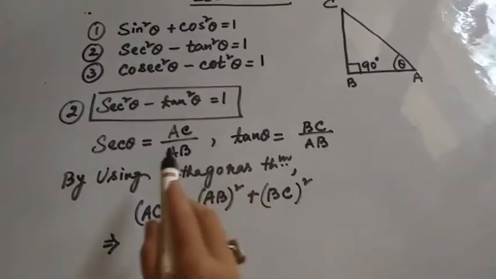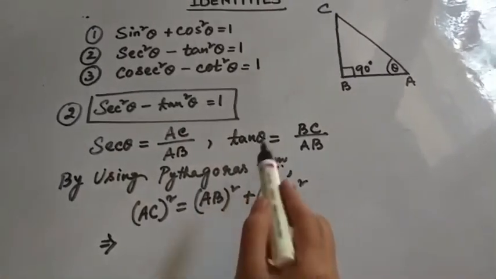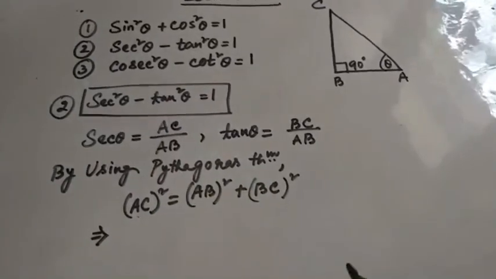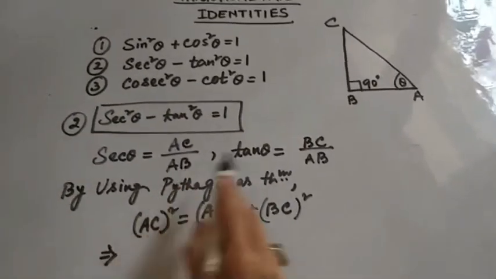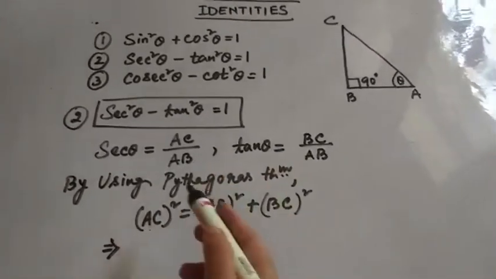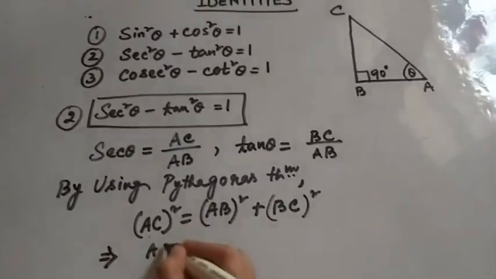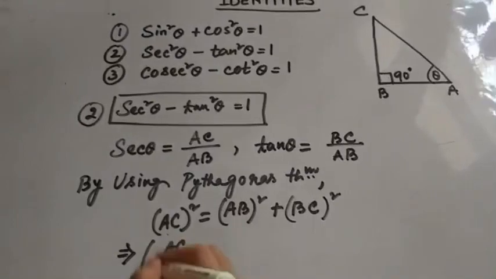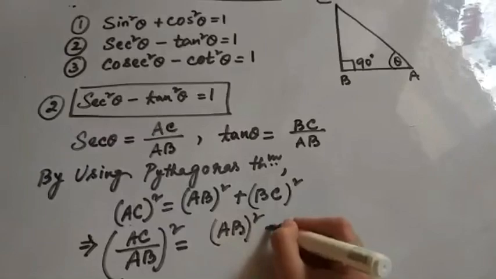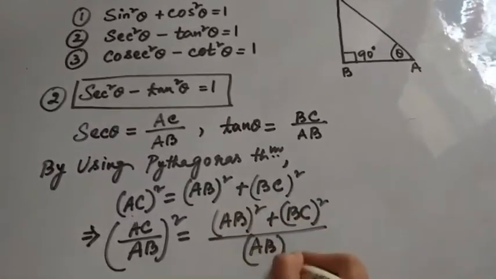What is the trick? Whichever denominator is written in sec theta and tan theta, you have to divide both the left hand side and the right hand side by that side. So AB is written in both cases. That means you have to divide by AB on the left hand side and the right hand side both. So AC divided by AB whole square, AB square plus BC square divided by AB square.